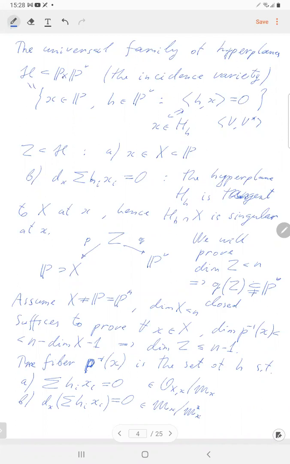And now here you have dimension. So x was a smooth point. So the dimension of this cotangent space is the dimension of x, since x is smooth.